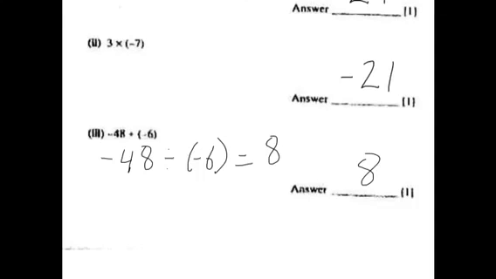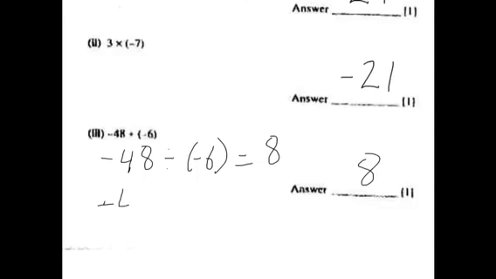Now the brackets there sometimes can put people off. Don't be concerned about the brackets. That's just there to help you to see that that definitely is minus 6. I suspect it could also be a plus, so I'll also just do that.